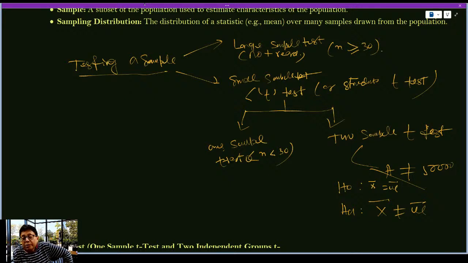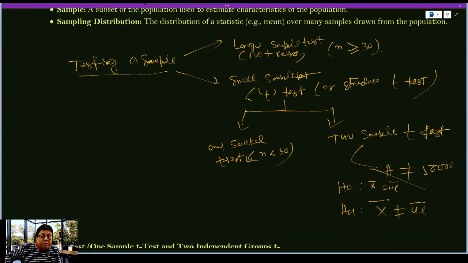Okay? We will learn one by one, step by step, how to apply the one sample t-test and how to apply the two sample t-test in these two different cases. The test may be a right-tailed test, a left-tailed test, or a two-tailed test.